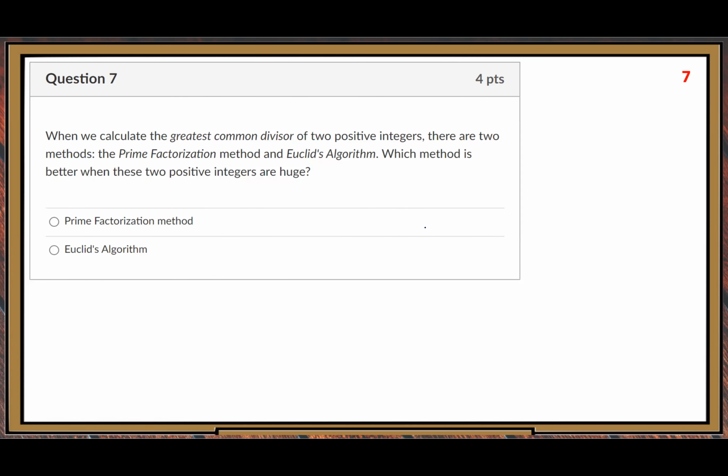Next one, prime factorization. Based on what we learned, we know the prime factorization method is very slow. So Euclid's algorithm is much better, because with Euclid's algorithm, we do not have to do prime factorization. We get around it.